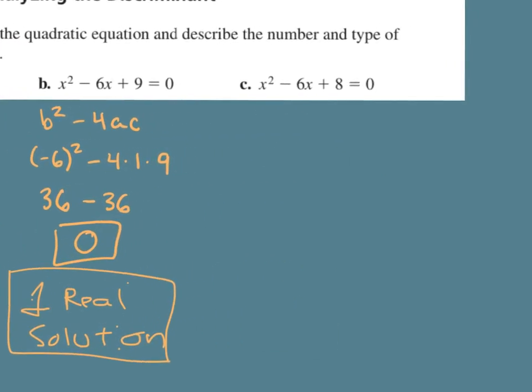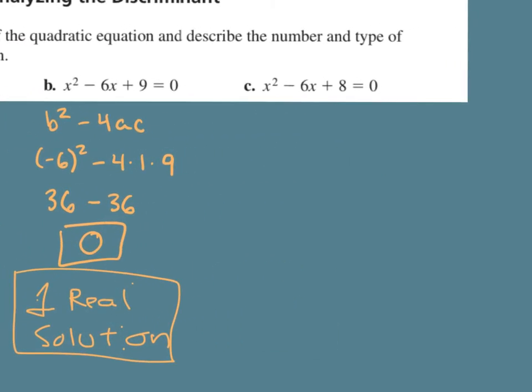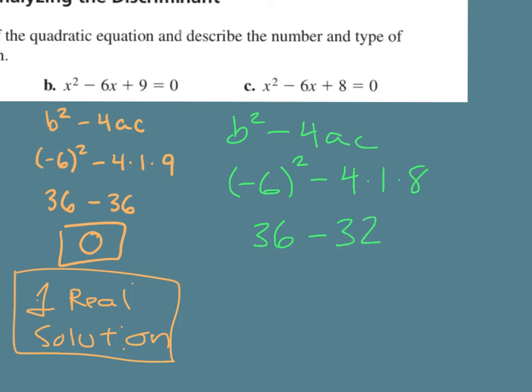All right, let's look at C. Again, our formula is b squared minus 4ac. What's our b? So negative 6 squared minus 4. What's our a? And what's our c? 1, 8. So negative 6 squared, positive 36, minus 4 times 8, which is 32. So 36 minus 32 is what? 4.